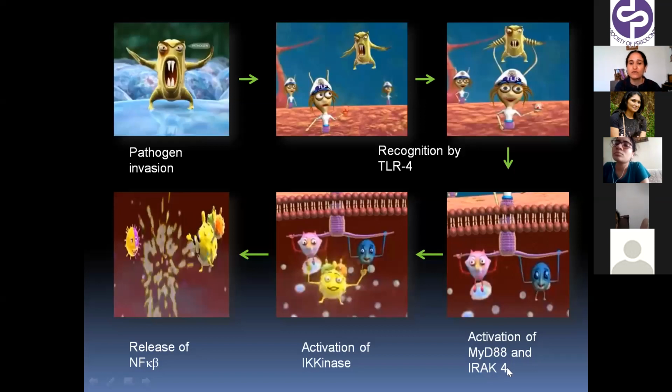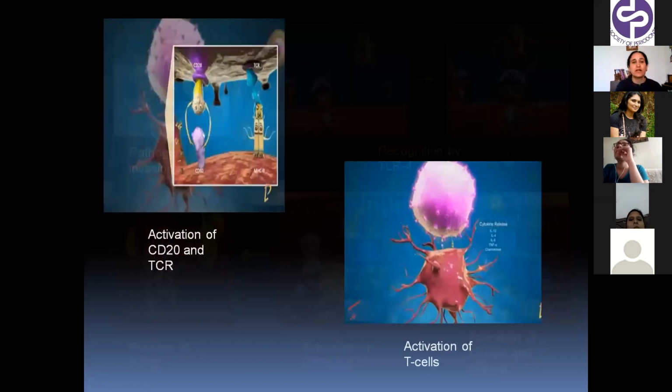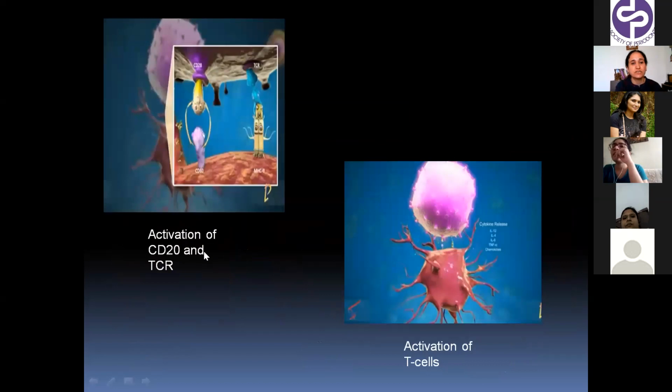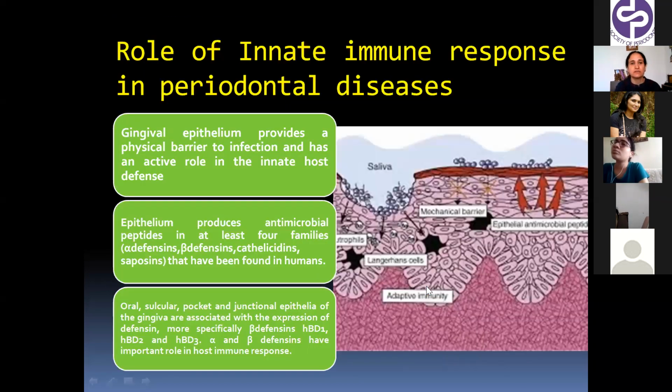IRAK is basically for the interferon type of activation. And myeloid D88 is for the rest of the bacterial cytokines. And there is activation of some kinases once this recognizes the antigen, and there is release of nuclear factor kappa B, which will ultimately lead to the activation of CD20 and TCR and activation of the T cells and elaboration of cytokines and activations of the T cells.